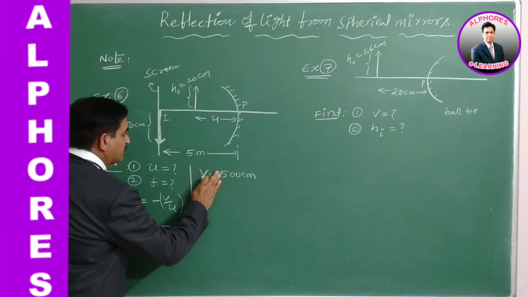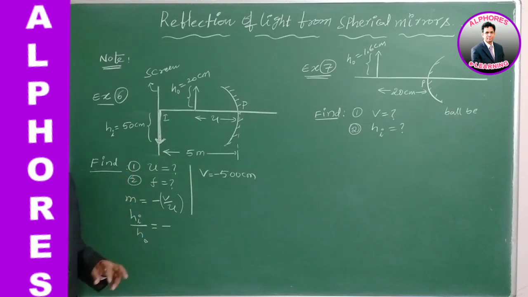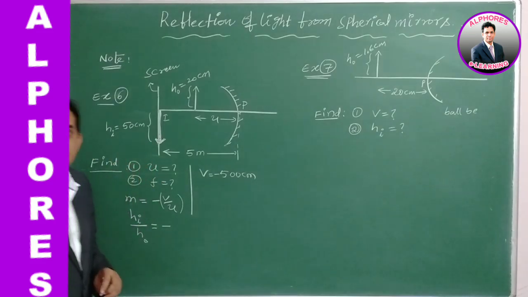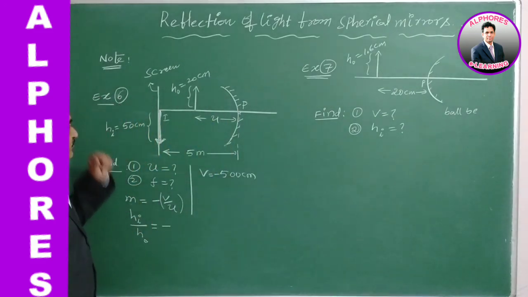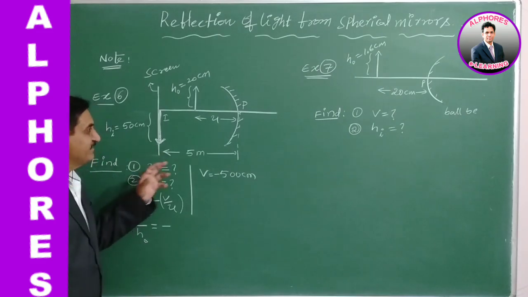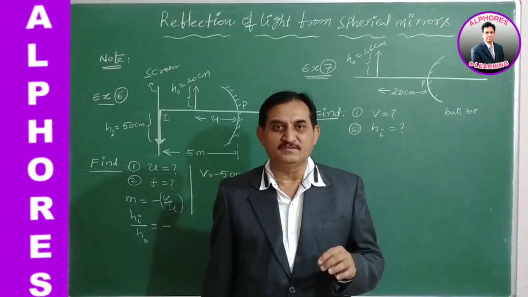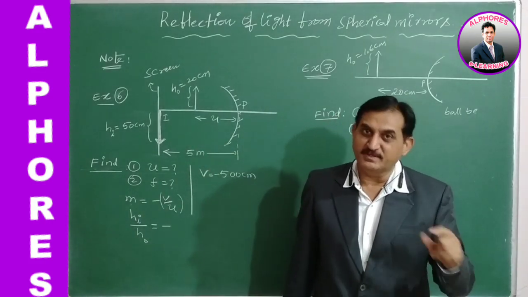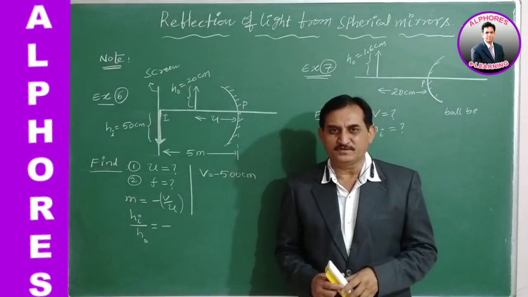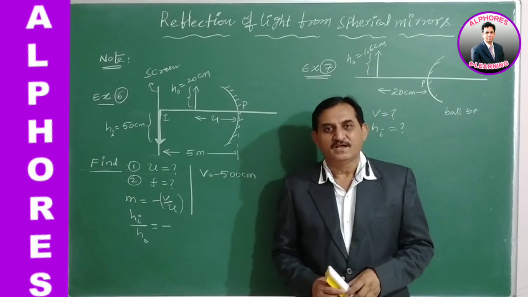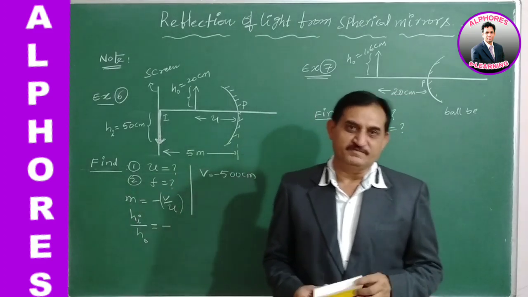So the question is, find the distance of the object from the concave mirror. This is the first question. Now, note, a very important note: while solving any problem in spherical mirrors, especially when using the mirror formula or the magnification formula or any kind of equation, we should use the sign convention.